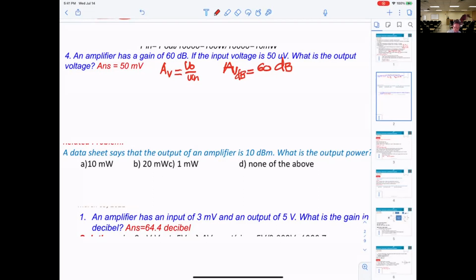Okay? And you understand AV in dB. The formula will be 20 log V out over V in, and that is given to you equal to 60 dB.